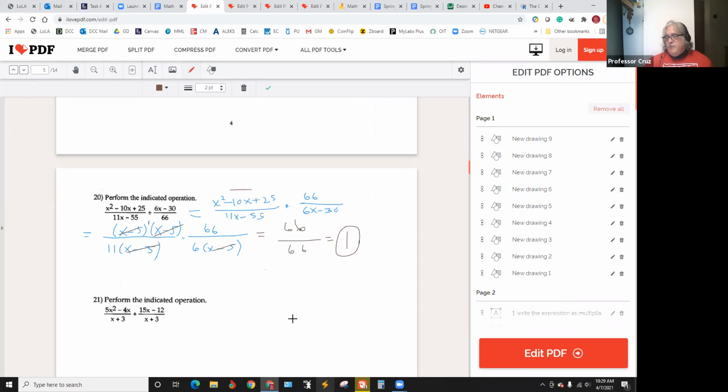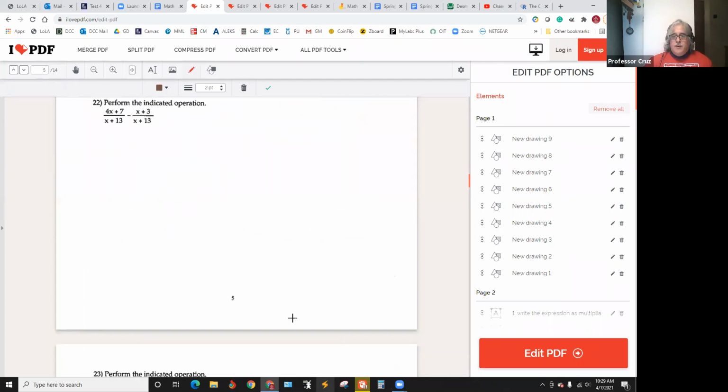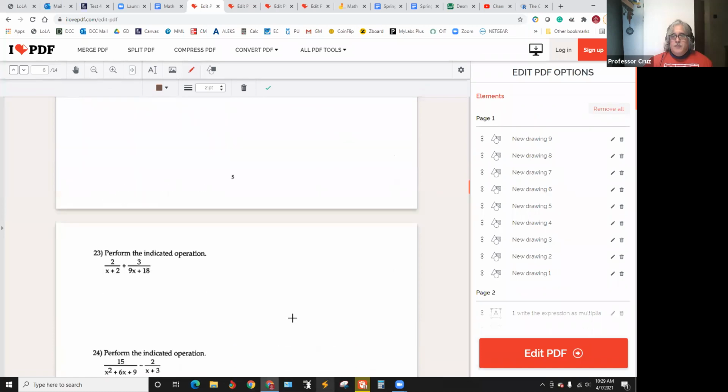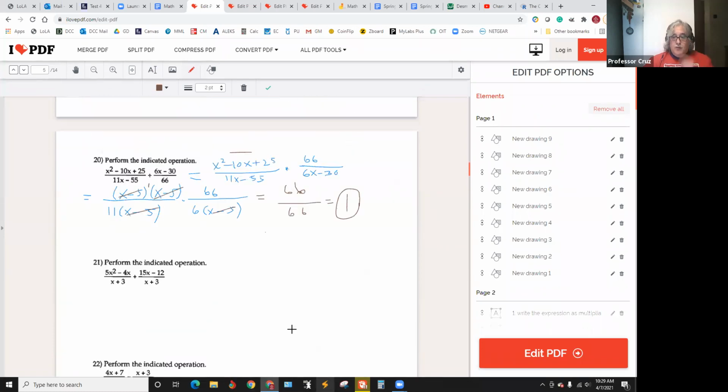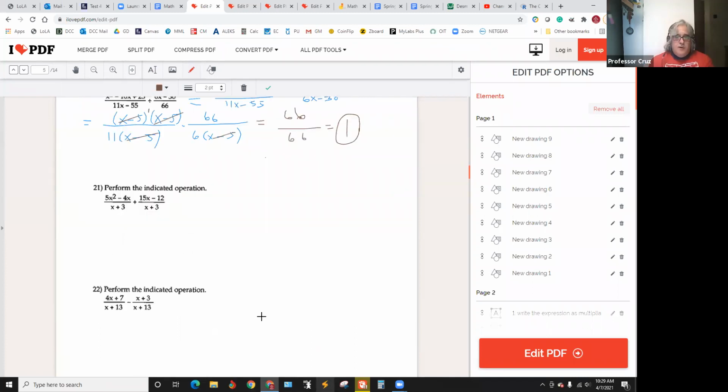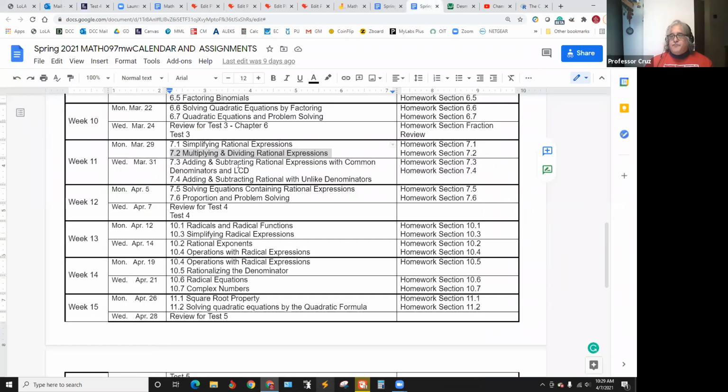All right, let's try at least this one from the break. Well, both of these we should be able to do because these have the same denominator.